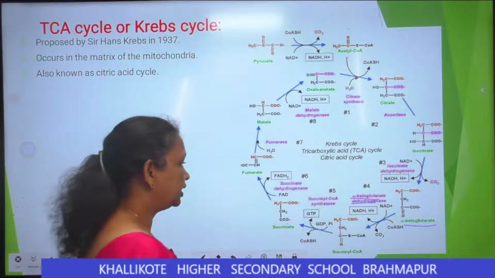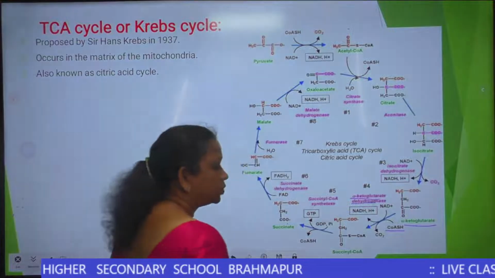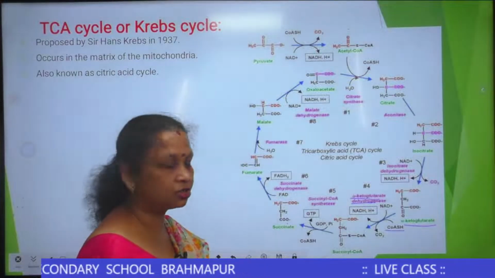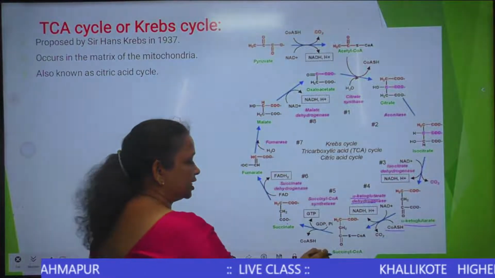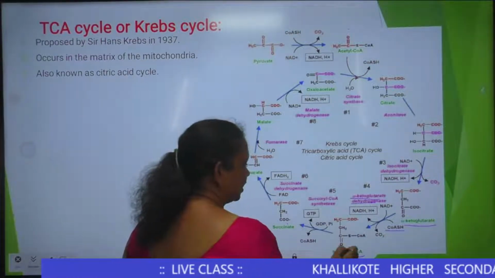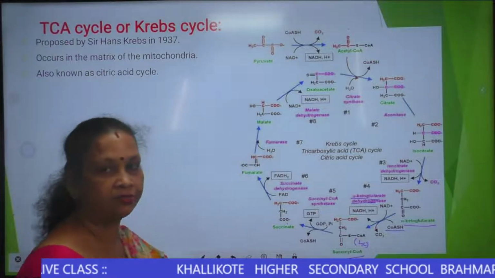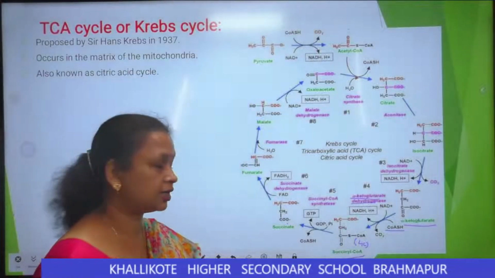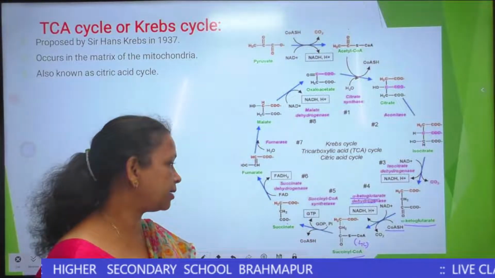Here again coenzyme A is added. So, after the addition of coenzyme A, the molecule becomes succinyl coenzyme A, a 4-carbon compound. So, the 5-carbon alpha ketoglutarate gets converted into succinyl coenzyme A.